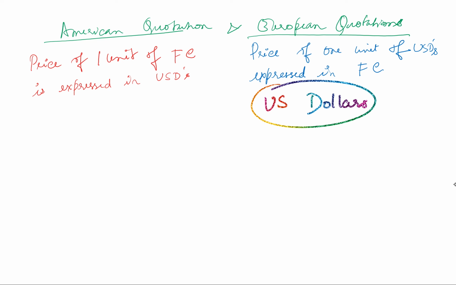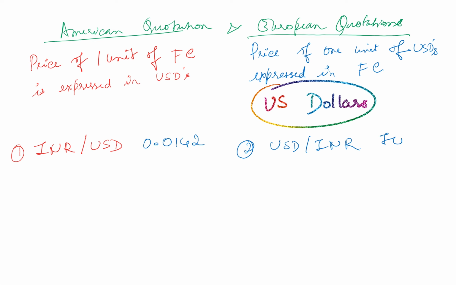I will write an example here. It will be more clear. First quotation, I will write as INR USD. Second quotation, I will be writing USD INR. INR USD 0.0142, USD INR 70.